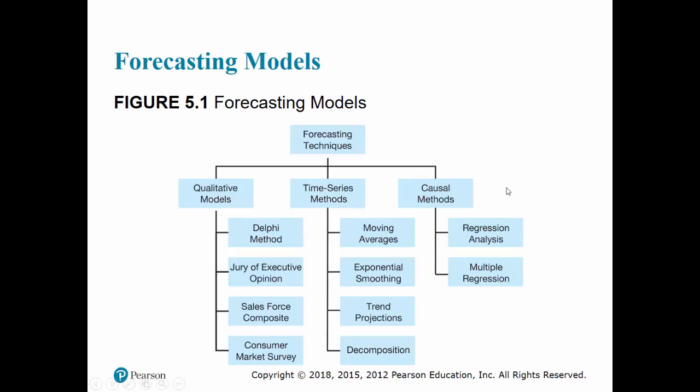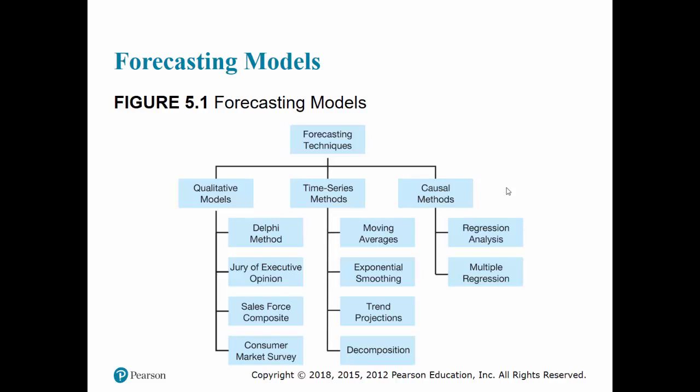Now, causal methods, on the other hand, look at your sales on the one hand and a bunch of other explanatory variables, called independent variables, and develop a regression model to predict what the Y value will be given those X's. So the X's could be price, competition price, marketing expenses, and economic indicators, and all those kinds of variables can be used to try to predict what the future demand will be.